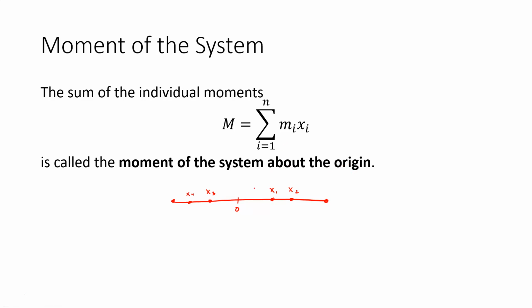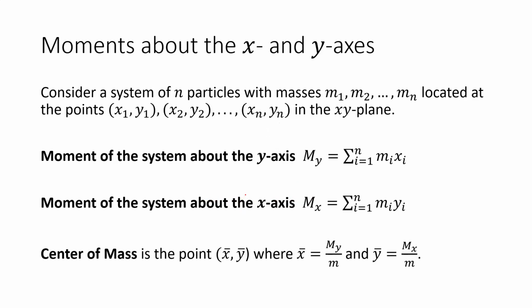Okay, so to extend this a little bit further, we can think about now the moments about the x and the y axes. So now we imagine we've got point masses that are located at different coordinates in the xy plane.